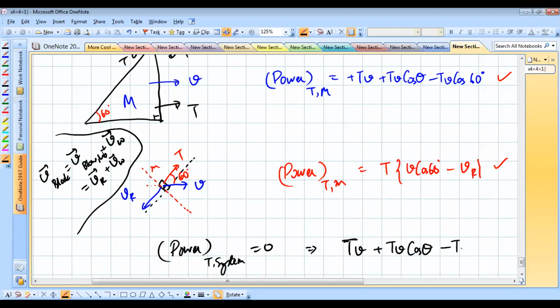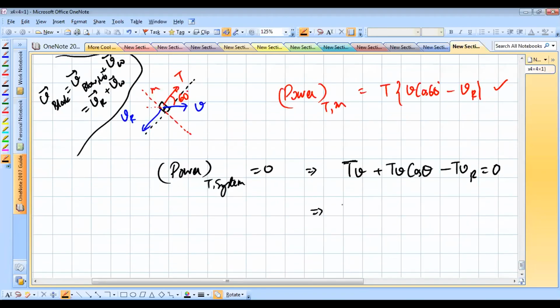Okay, minus T into V relative. So that tells us that at the instant V into (1 plus cos theta) minus V relative is equal to 0. Or V into (1 plus cos theta) always balances V relative. Okay, this is what the constraint relation is telling us in terms of velocity.